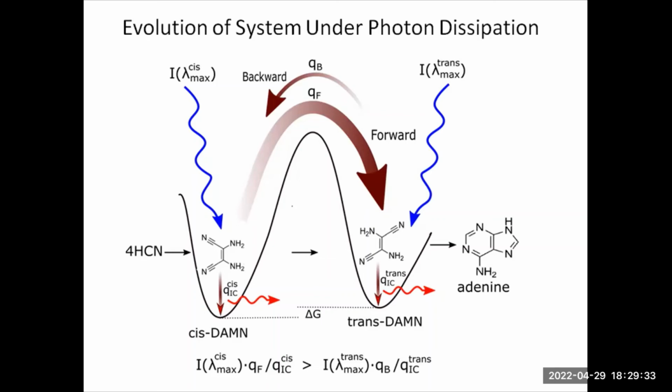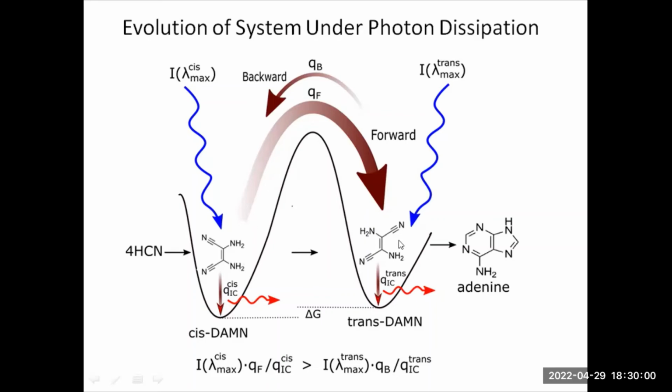So depending on the intensity of the light at those wavelengths of maximum absorption, we really have to do an integral over the absorption spectrum for the different molecules. But to make it less complicated, let's just look at the wavelength of maximum absorption, and the intensity at the wavelength of maximum absorption for cis-DAM. This is this here, cis.